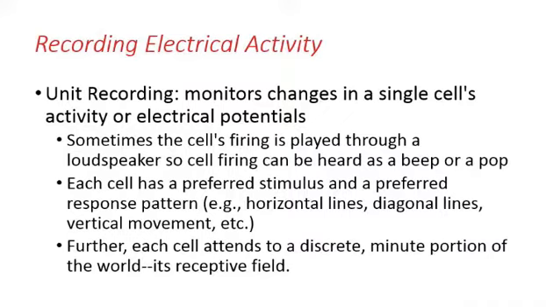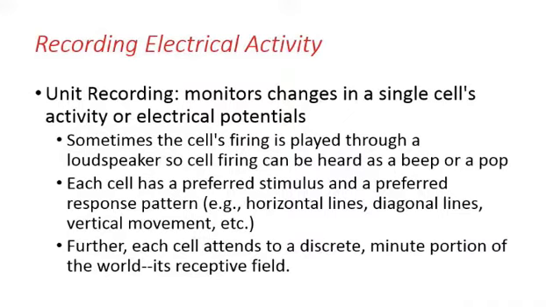And each cell has a preferred stimulus and a preferred response pattern, which is interesting. So some cells will only respond whenever diagonal lines are presented, and some cells will respond only when white versus black stimuli are presented. Some cells will respond only to vertical movement and things like that.